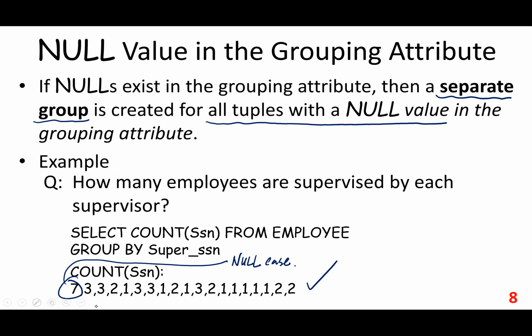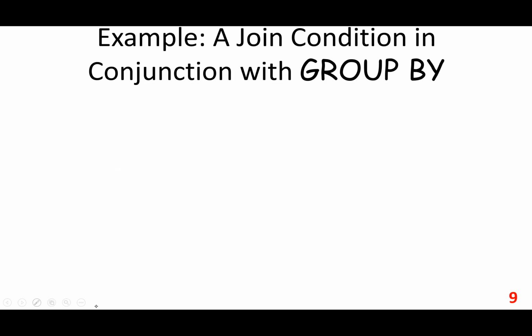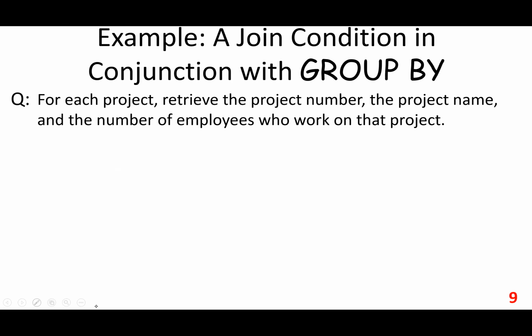So that's this example. Another example, a join condition in conjunction with group by. Look at this question. For each project, retrieve the project number, the project name, and the number of employees who work on that project.